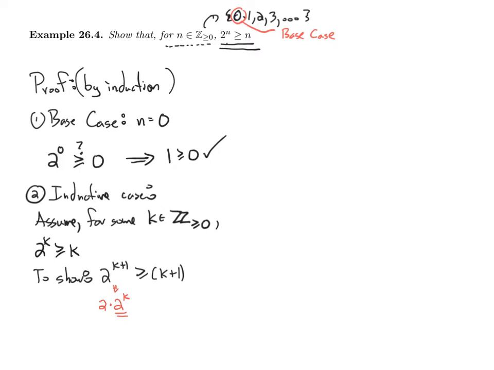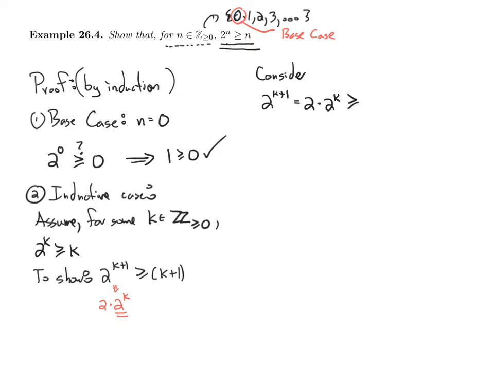Okay, now that we have our plan, let's consider 2 to the k plus 1. We want to show that that's greater than or equal to k plus 1. So that equals 2 times 2 to the k, which, well, we don't even want equals. We're going to replace this. Maybe I'll do this in line so that we make sure the inequalities are correct.